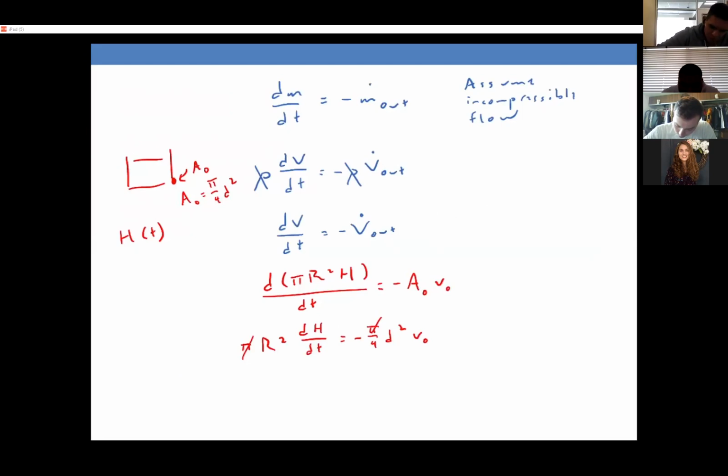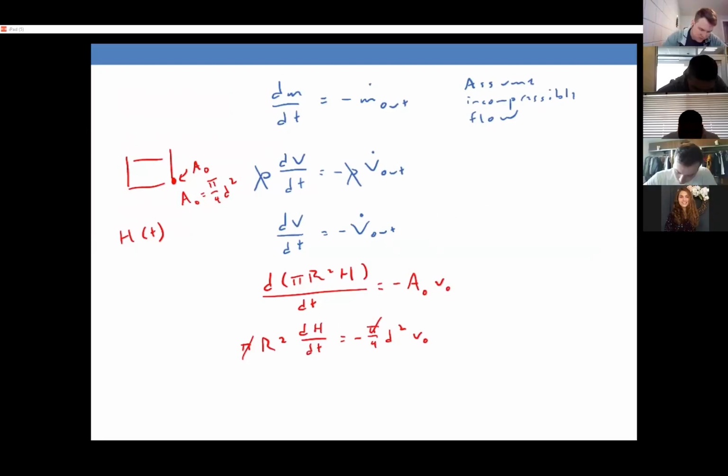Okay, and I'm going to put dH/dt on this side: negative 1/4 d squared over big R squared, times V naught. So now we have a nice differential equation of h with time, and we want h as a function of time.